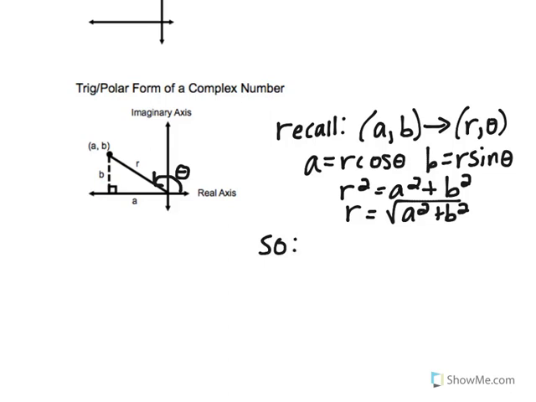So if we're using a plus bi, we're trying to convert that over, we're going to substitute in r cosine theta for a and r sine theta for b.